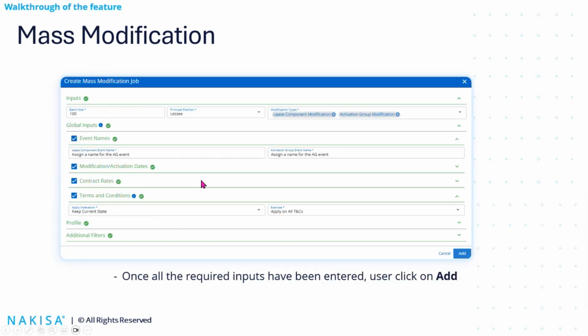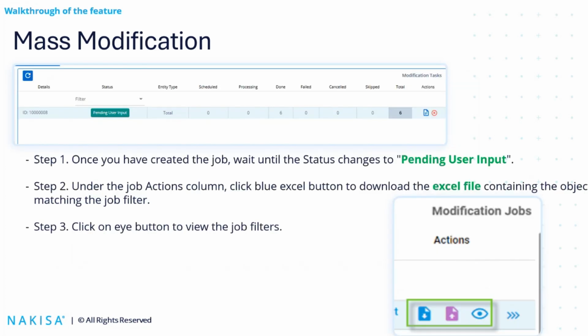So again, this is a snippet of the sections that you have to input before you can actually click add, and the solution will generate an Excel schedule. So let's see how it looks. Click on creating the job. On the right-hand side, the modification task pops up on your screen, which will give you a message saying pending user input, because what it requires now is on the left-hand side of our screen.